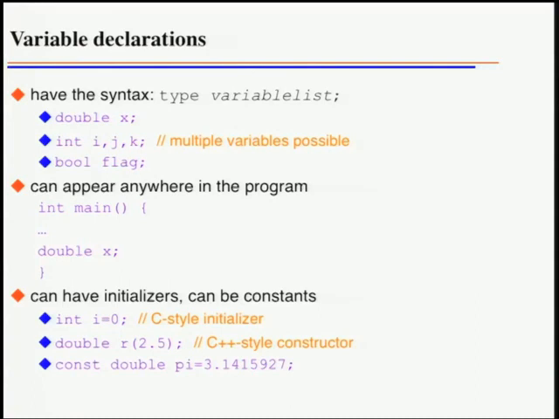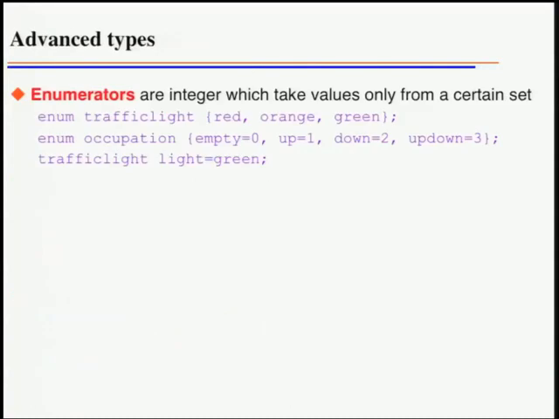As more advanced types, there are the so-called enumerators, which basically are integers, but you can only assign specific values within a given set. So you could declare this enumerator traffic light, which can take on one of the three values red, orange, or green.